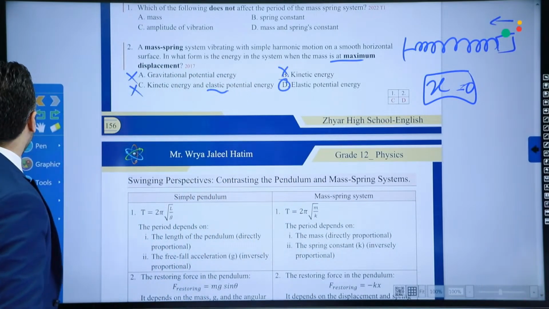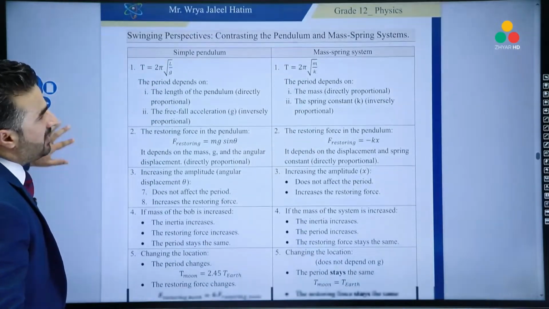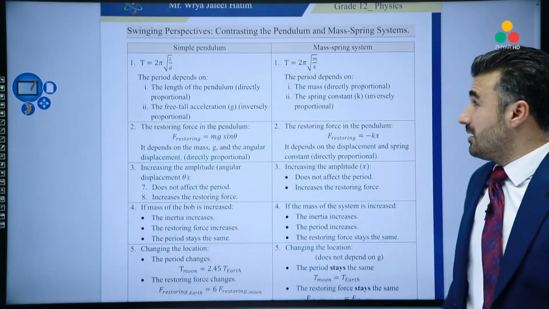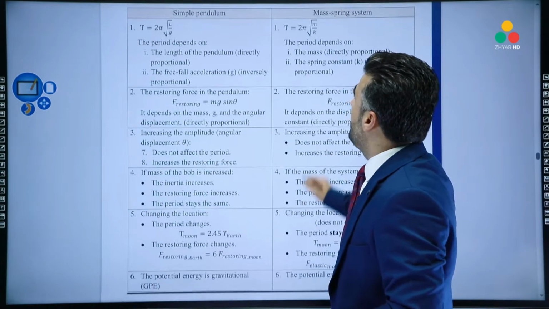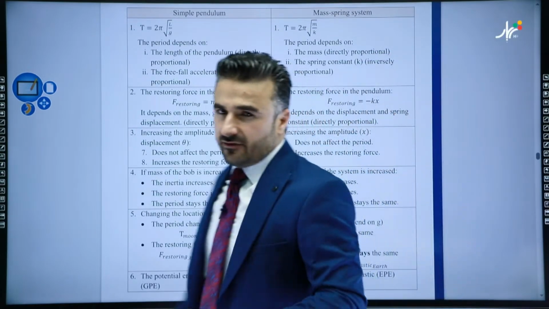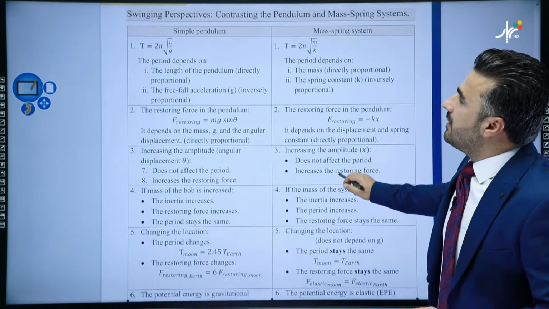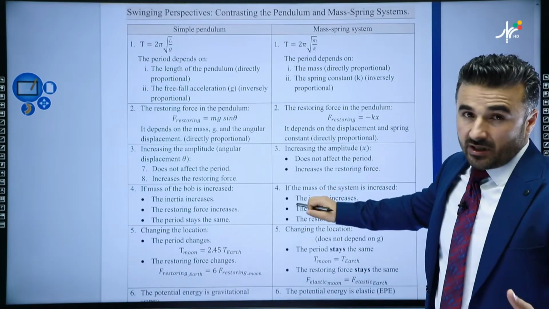Now, after we've learned about the period of a simple pendulum and the period of the mass spring system, we can compare the two, contrasting their swinging.